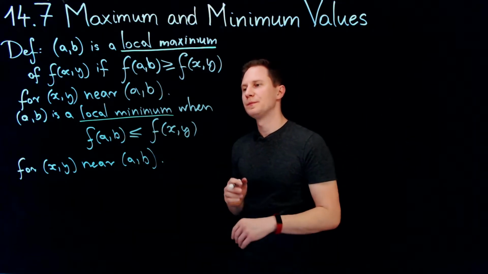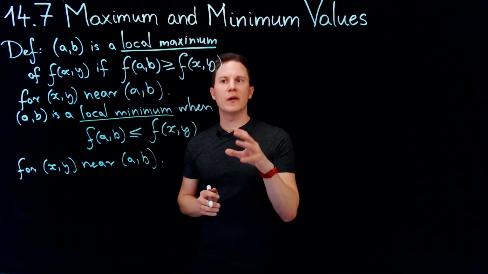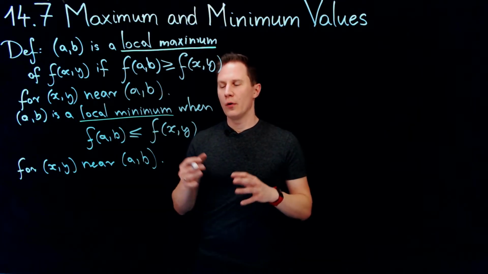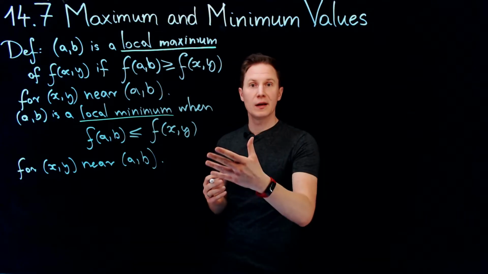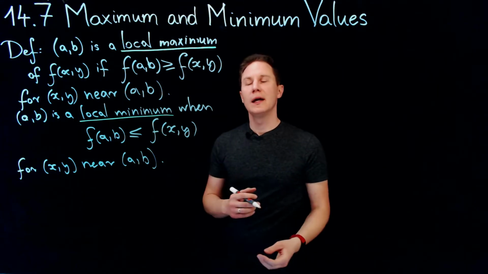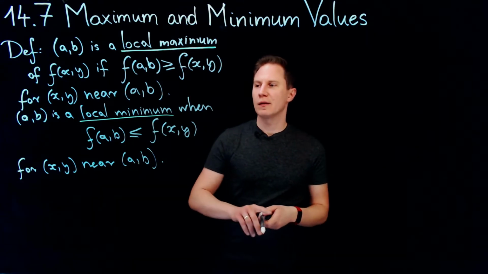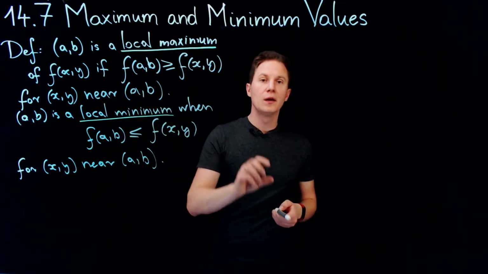Okay, so a simple consequence of having a local minimum or maximum, from single variable calculus, is that the partial derivatives at such places must be zero.